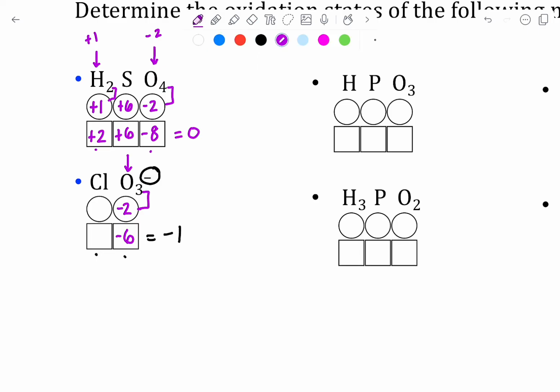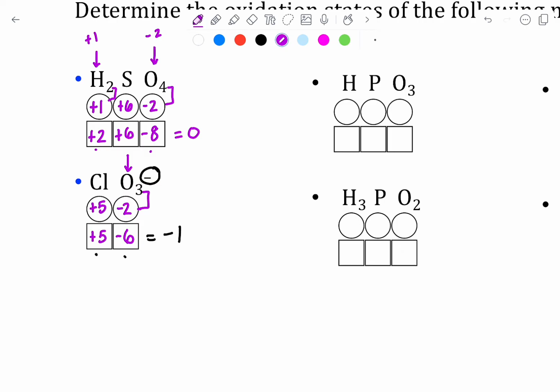What charge does chlorine have to have, or what oxidation number does chlorine have to match that -1 charge? Chlorine would have to have a +5, because +5 minus 6 equals -1. There's only one chlorine, therefore the chlorine oxidation state is +5.